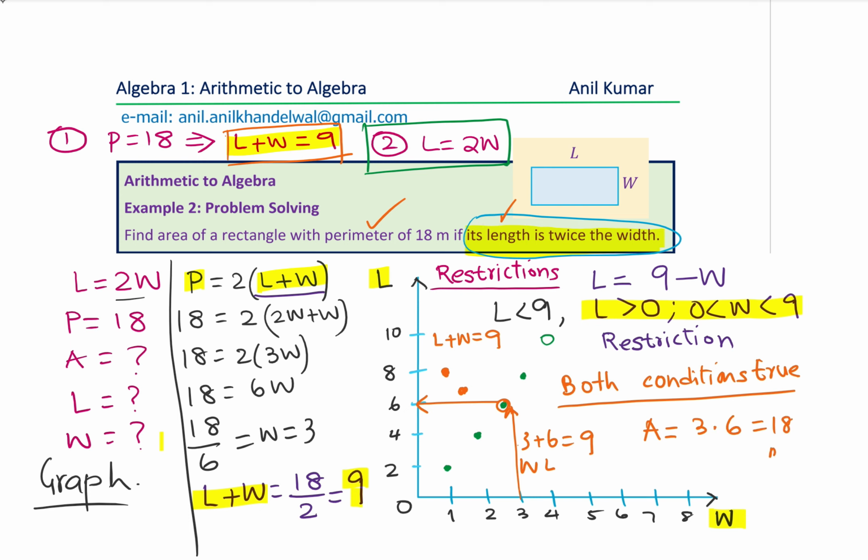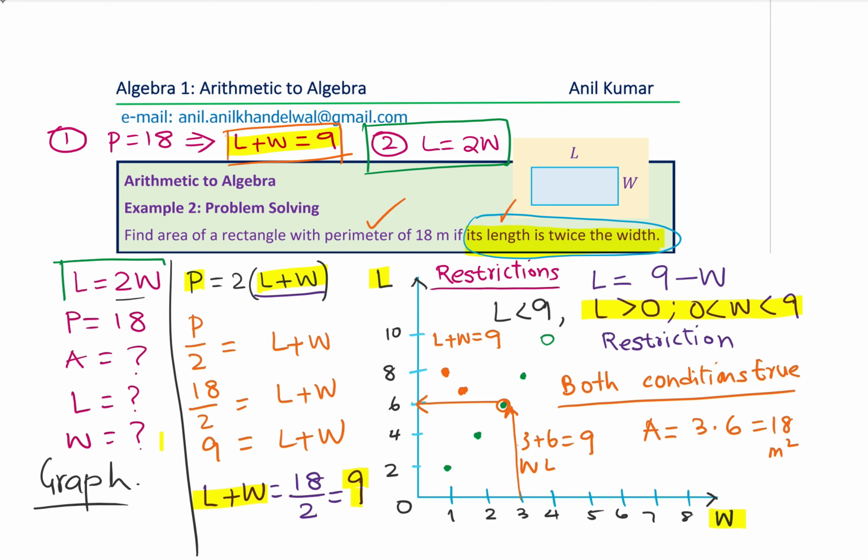Second condition was length is twice the width, so we'll put that in a different color, the green color. So we get two different conditions, one being that the sum of length and width is 9, and the other being that length is twice the width. Plotting both the graphs on the scale, we got our result.